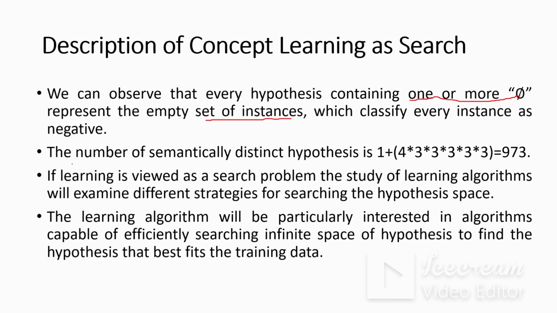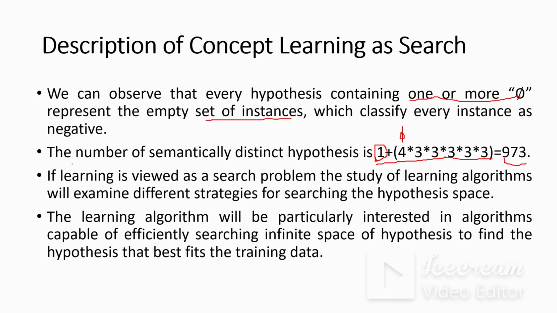Therefore, we remove all those hypotheses and retain only one representative of all the hypotheses containing phi, which is the all-phi hypothesis. The remaining hypotheses are 4 x 3 x 3 x 3 x 3 x 3, as we have lost one value, which is phi, in all the hypotheses. So semantically, we have a total of 973 hypotheses.